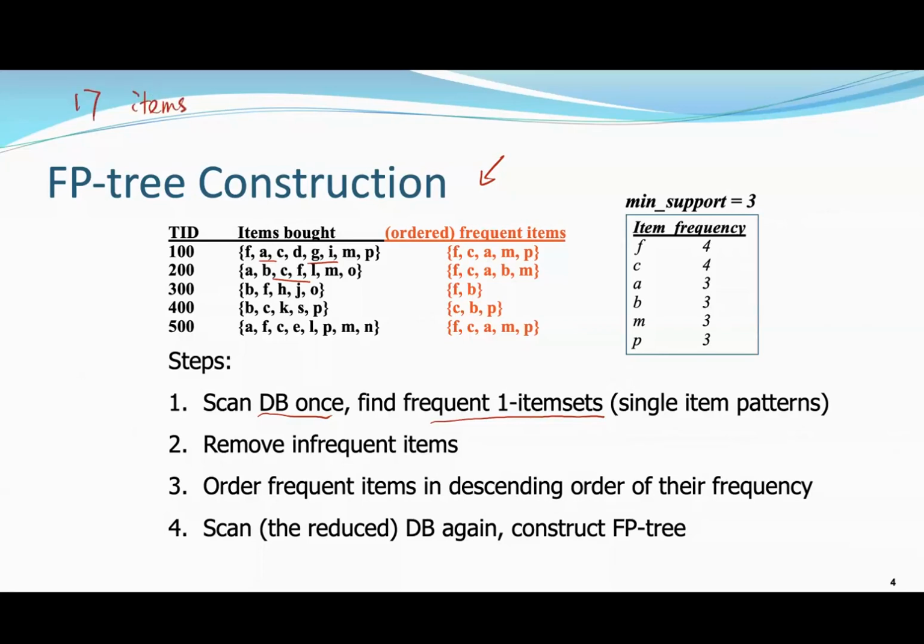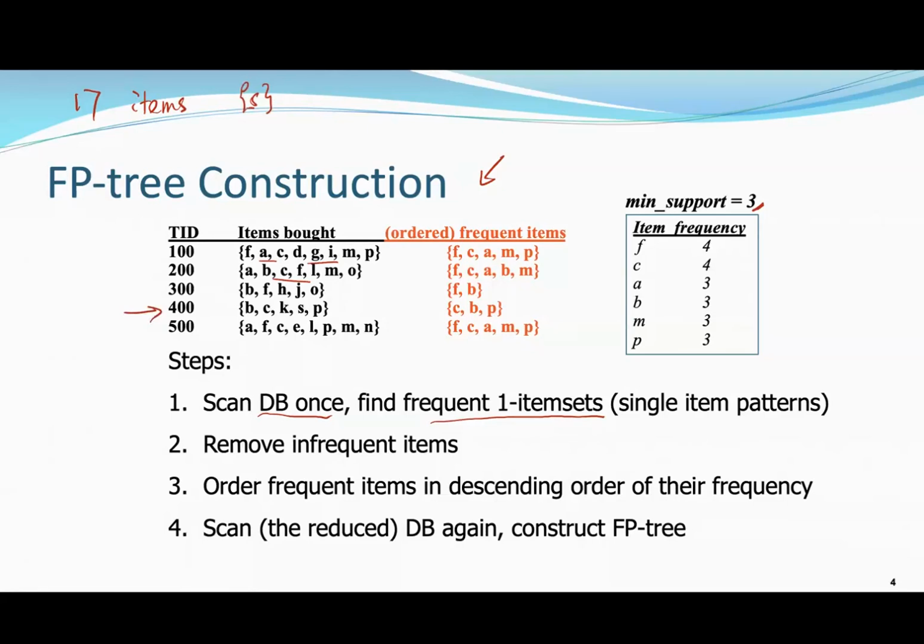Let's say the minimum support count required for something to be frequent is 3. So we need an item set to be supported by 3 transactions in order to consider it frequent. Among these 17 items, 6 of them, namely F, C, A, B, M, P, are frequent. The others are not frequent. For example, the item S appears in only one transaction.